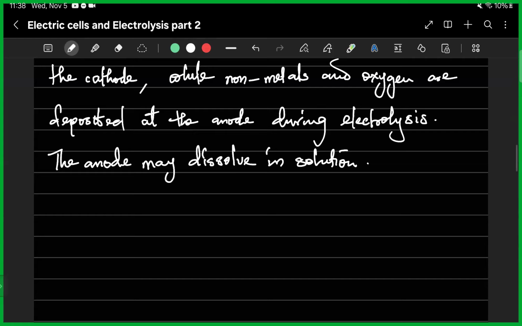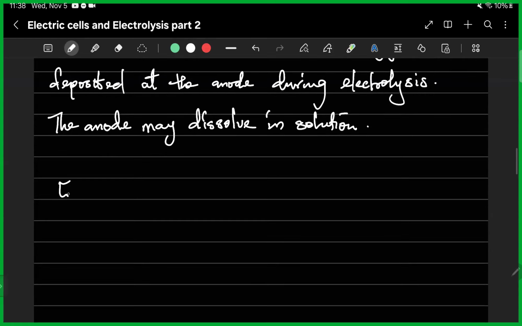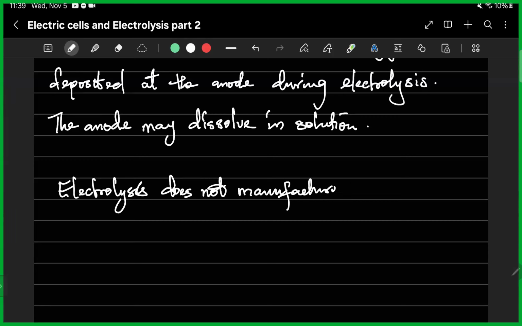We also love to talk about the fact that electrolysis does not manufacture electric charges.